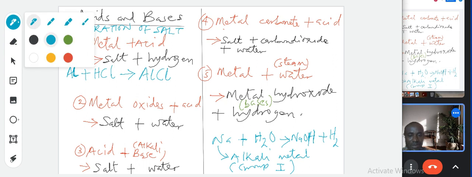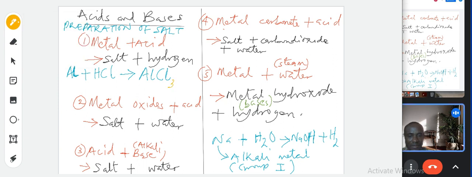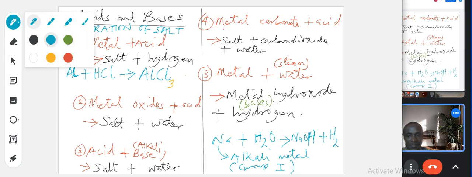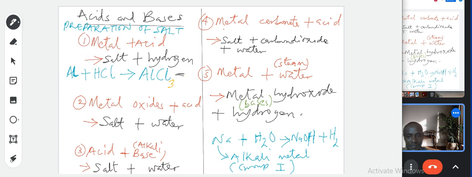Aluminium is 3 plus, chlorine is 1 minus. So AlCl3. That's a salt. Then of course plus hydrogen, H2. Later you can balance the equation.